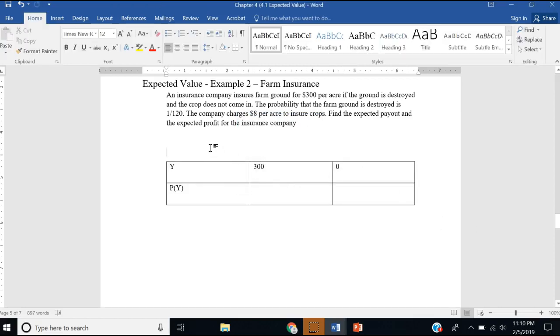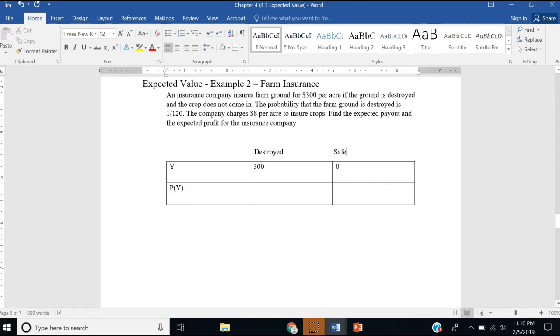Let's just do a standard probability distribution. If the ground is destroyed, the farmer gets $300.